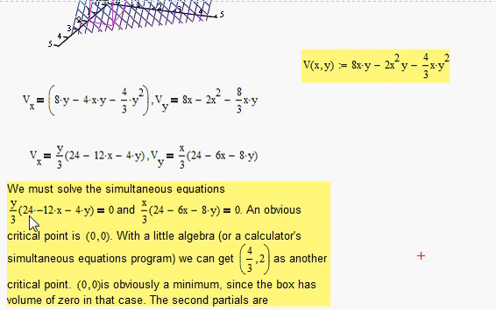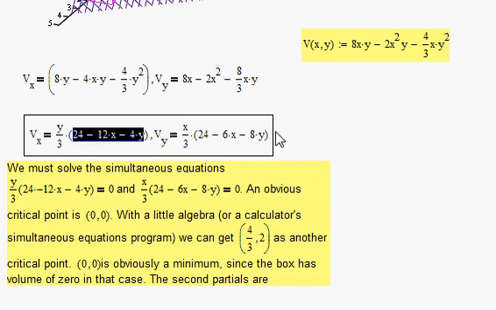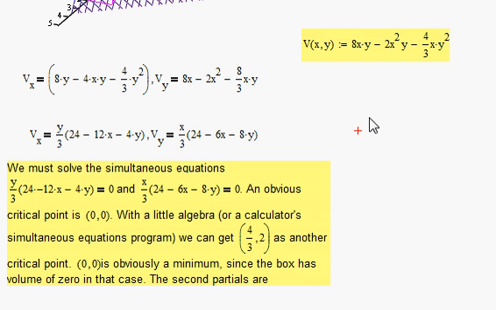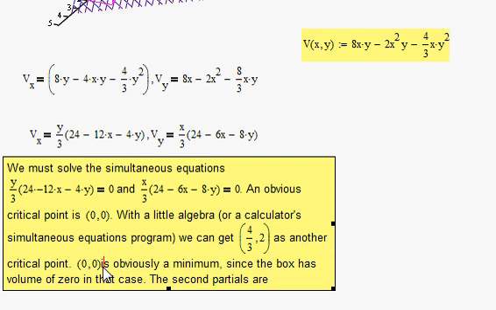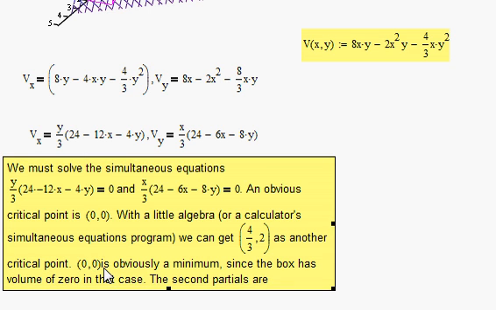So solving this system simultaneously, we can get to the solution x equals 4/3, y equals 2. I don't think I need to show you how to do that, but algebraically you should be able to solve that without a problem and get 4/3, 2 as another critical point. Well, 0, 0 is certainly a minimum.